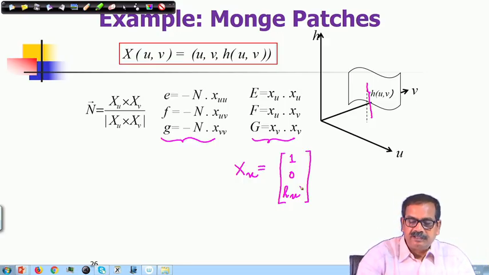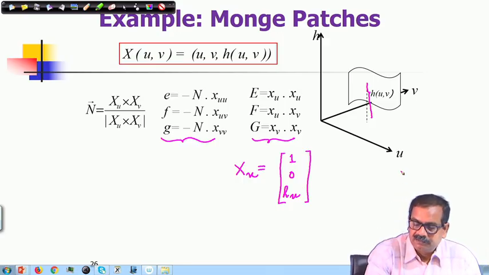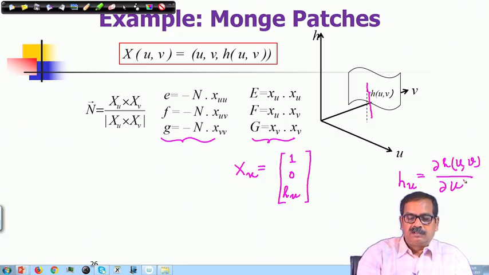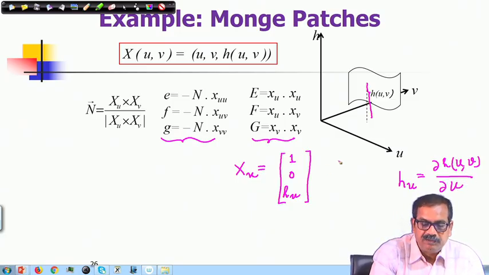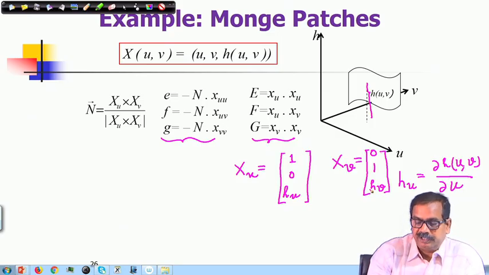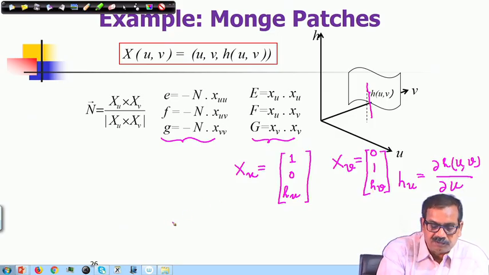That means it is the partial derivative of the function h(u,v) with respect to u. Similarly, we can compute x_v as 0, 1, h_v. So, from these two vectors we can compute E. So, what should be E?